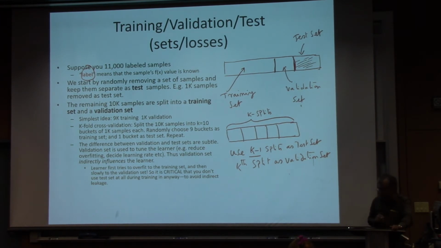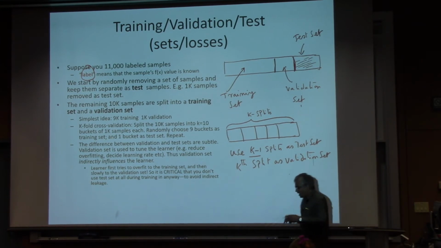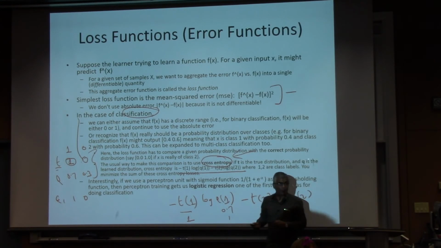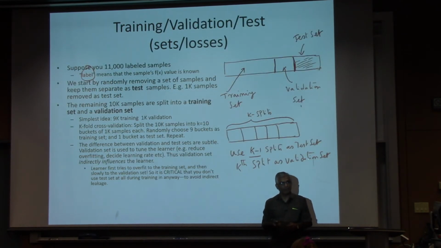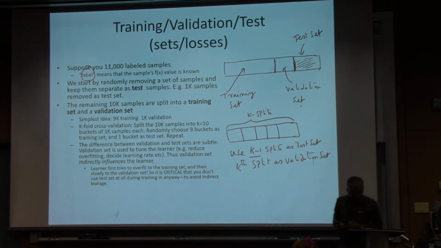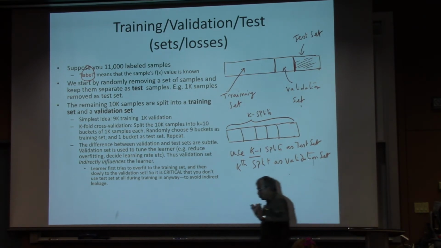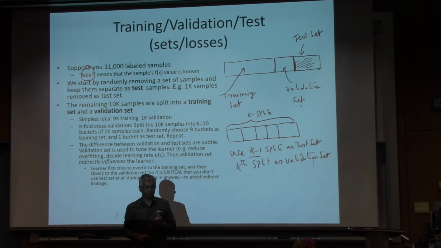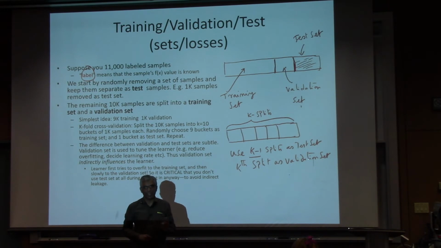So given the labeled data, you realize that you're doing learning by essentially minimizing the loss function. Right? Now the question is, you have to be careful that when your learning algorithm actually works, you don't know what it's going to be subjected to. The test data is not under your control.